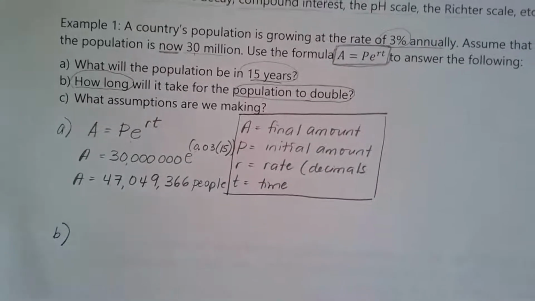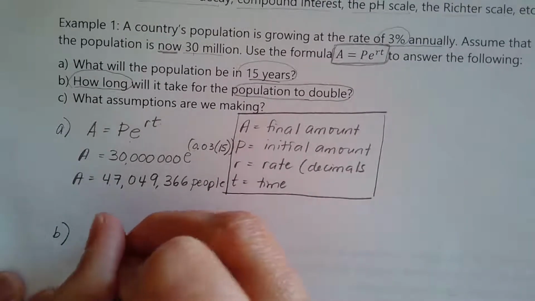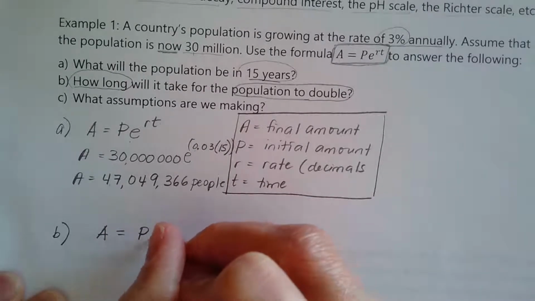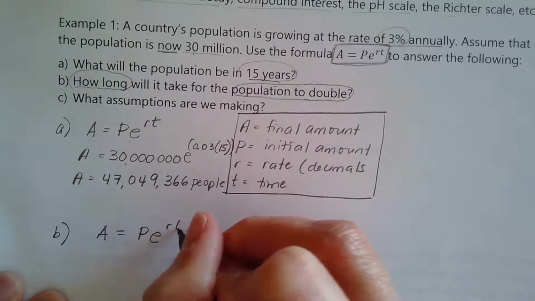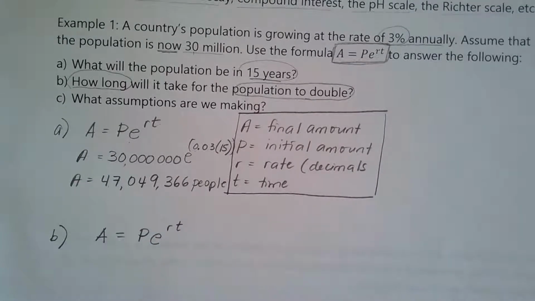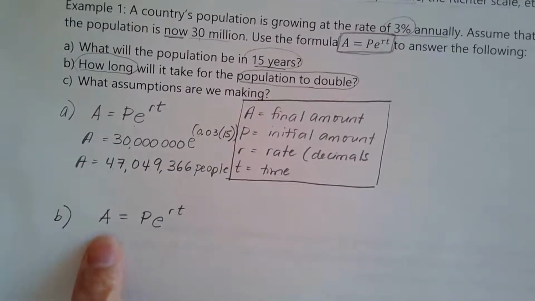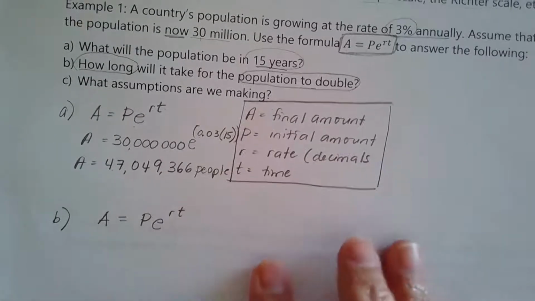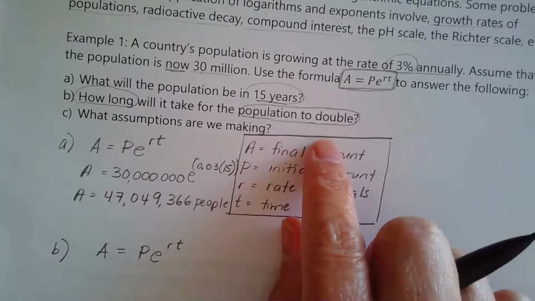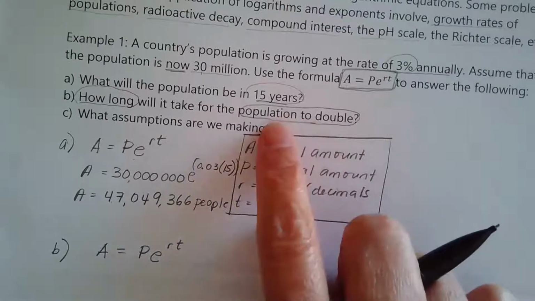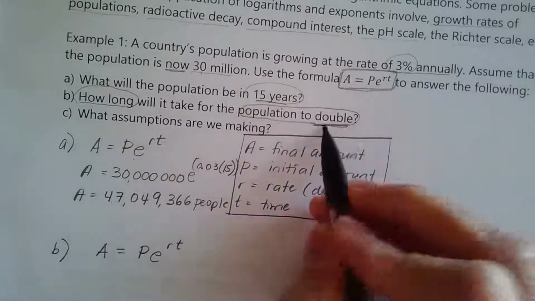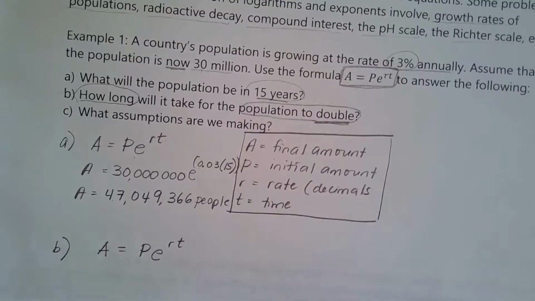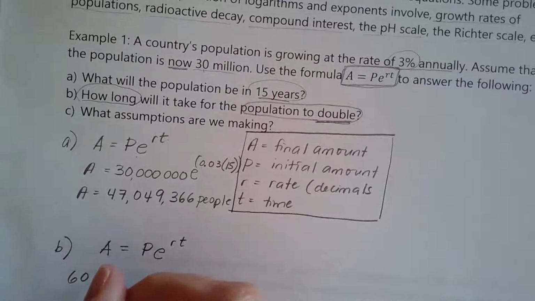So using the formula again, A equals P times e to the rt. A is the one where the population is doubled. Even though they didn't tell us the exact number, because we know it's doubling what we started with, it's going to be 60 million.